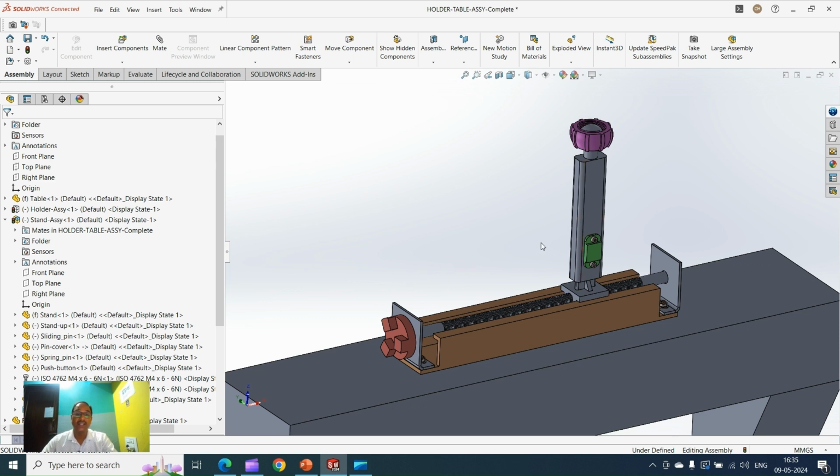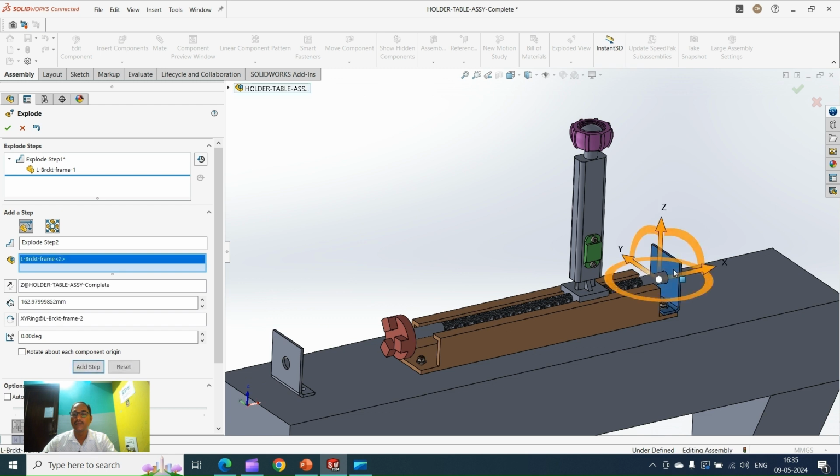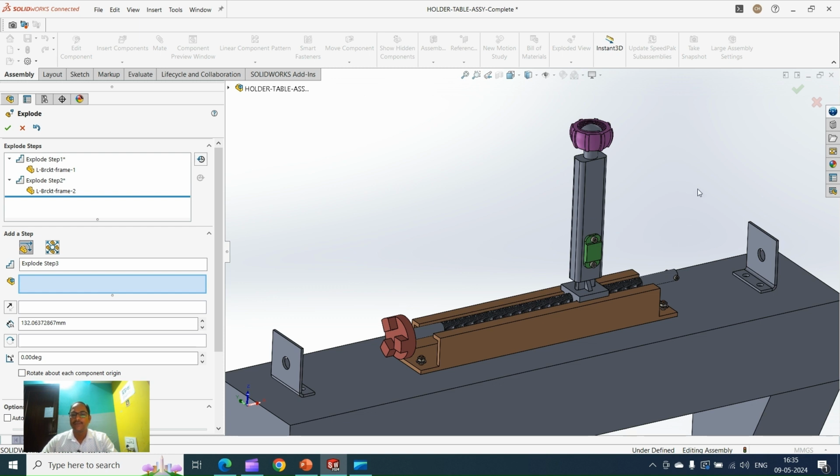Now, let us look at the assembly sequence of this. First of all, this L bracket has to be fixed, and then this has to be inserted from here. Only after that, you can insert this L bracket, and then you can insert this screw system.